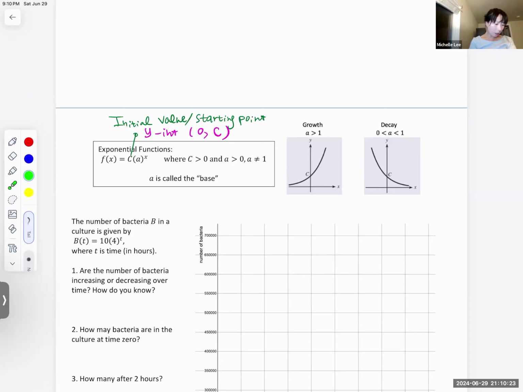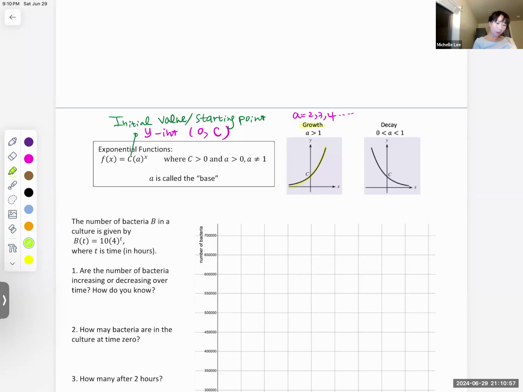They say that here is the growth. So when the base is greater than 1, we say this is growth, like earlier, A equal to 2, 3, 4. Okay, let's take a look at the other one.